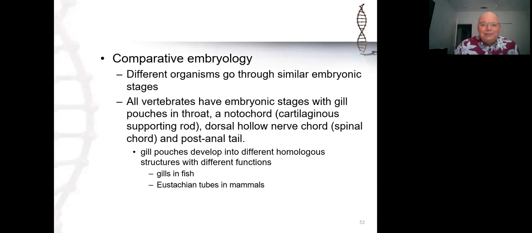That's not what Haeckel actually said, but people have misinterpreted his work to indicate that is what Haeckel meant. It's not really what he meant, and a close reading of his work indicates that that is the case.